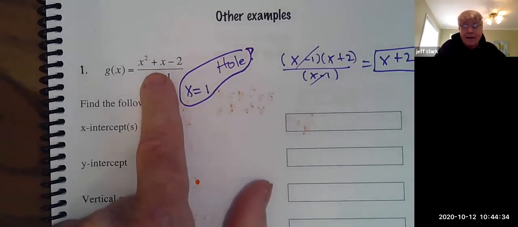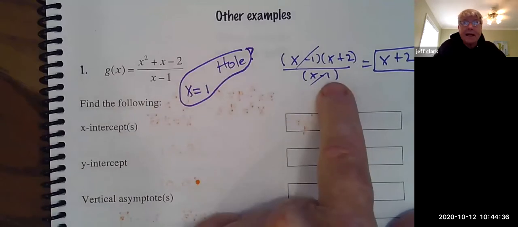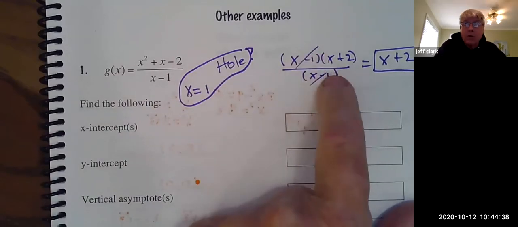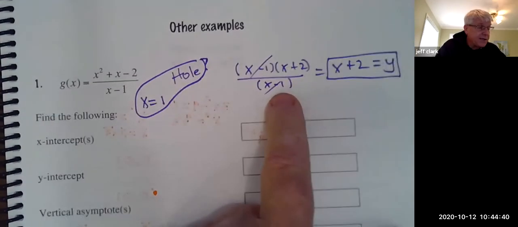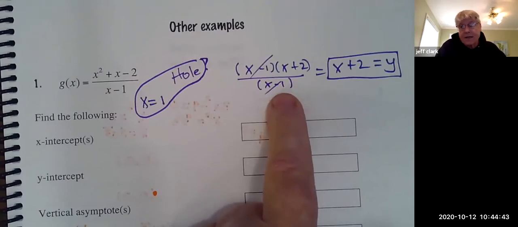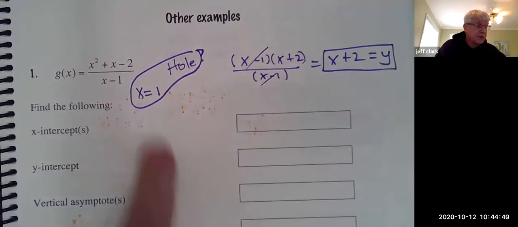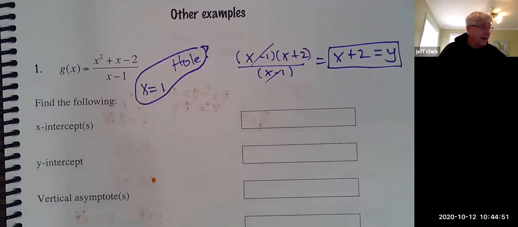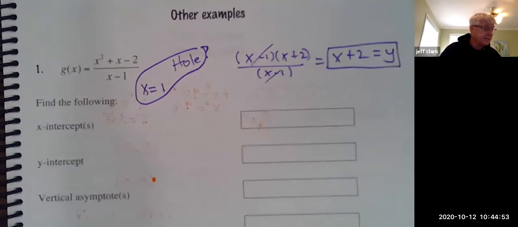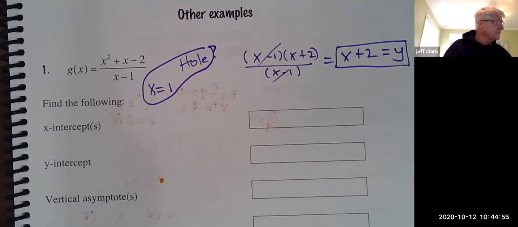But if it can factor, which this did, and you make the denominator go away, there is no vertical asymptote. That's called a hole. X equals 1 is a hole. Just keep that in mind, and then I can fill in the rest of the problems.